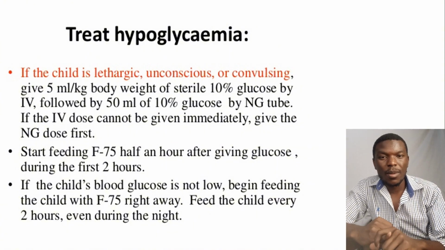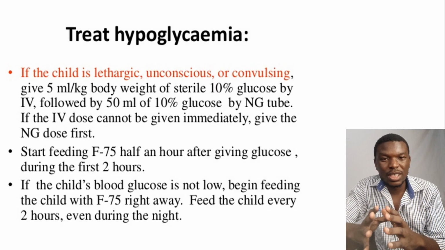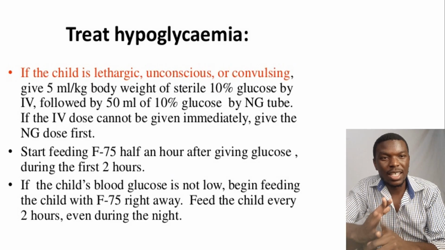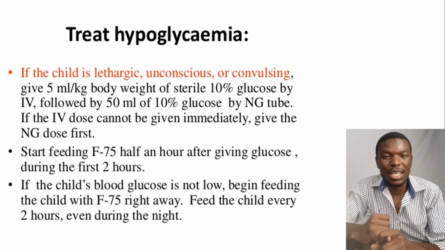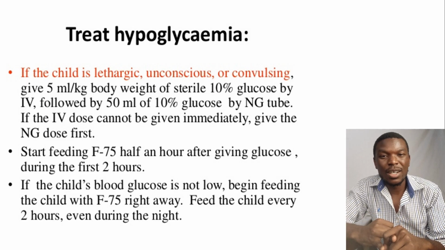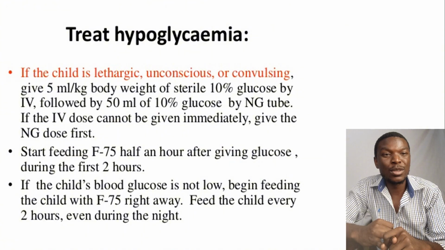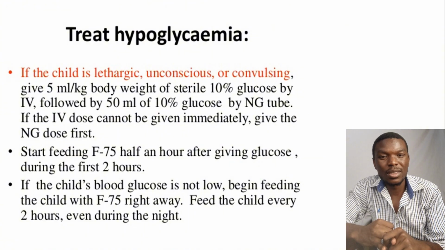So we have a child who is unconscious. We give 50 mils, 5 mils per kg IV. Then we put an NG tube. Then we can also give 50 mils of 10% glucose via NG.